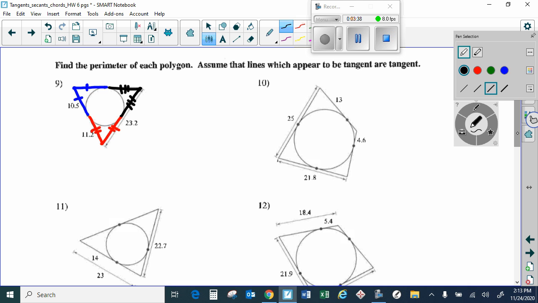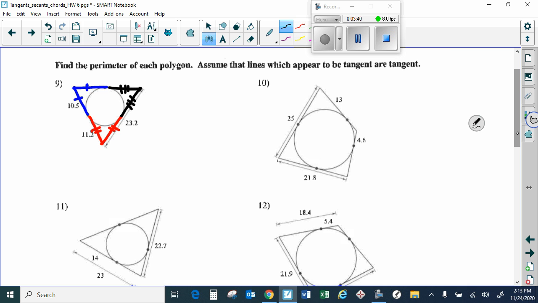Okay, so now they gave you this is 11.2 here, so this must be 11.2. Well, the whole length was 23.2, so that means this has to be 12, which makes this has to be 12. Since this is 10.5 over here, this has to be 10.5 right there. Now I can just add up all those lengths, and I have the perimeter of the polygon. Okay, so you do that for all these problems here.